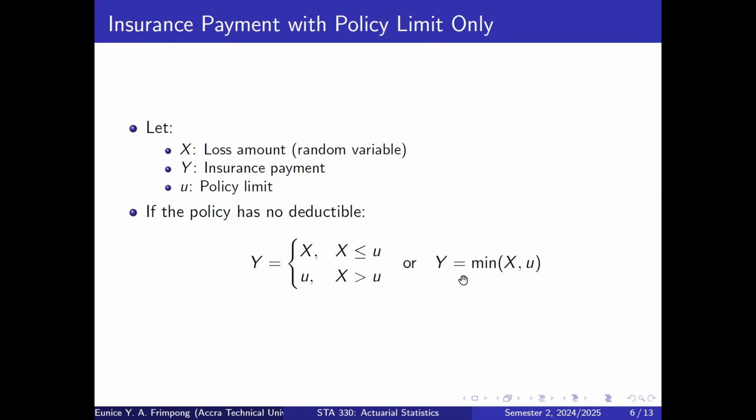Another way of representing this compactly is Y is equal to the minimum of X or U. So once X is more than U, then Y is equal to U. But once X is less than U, then Y is equal to X. So this formula ensures the insurer never pays more than U.